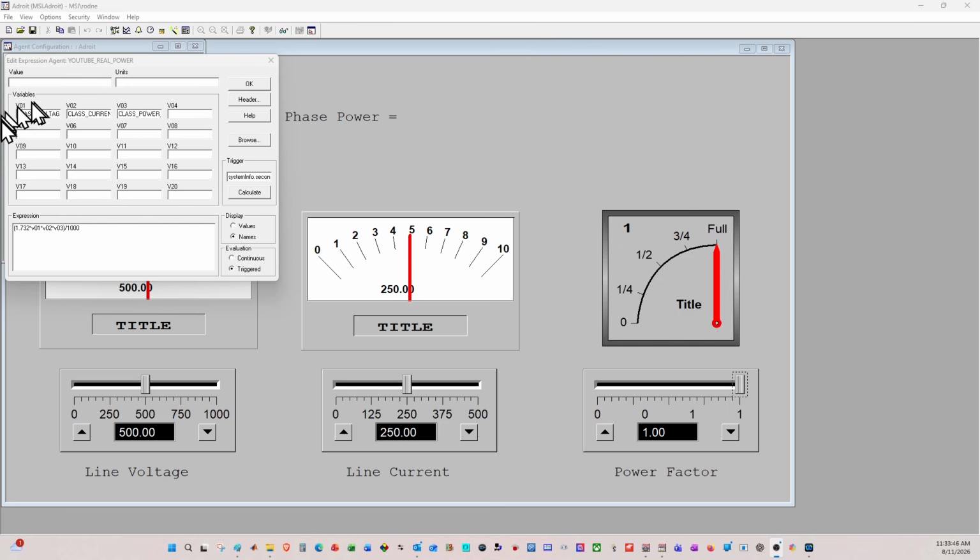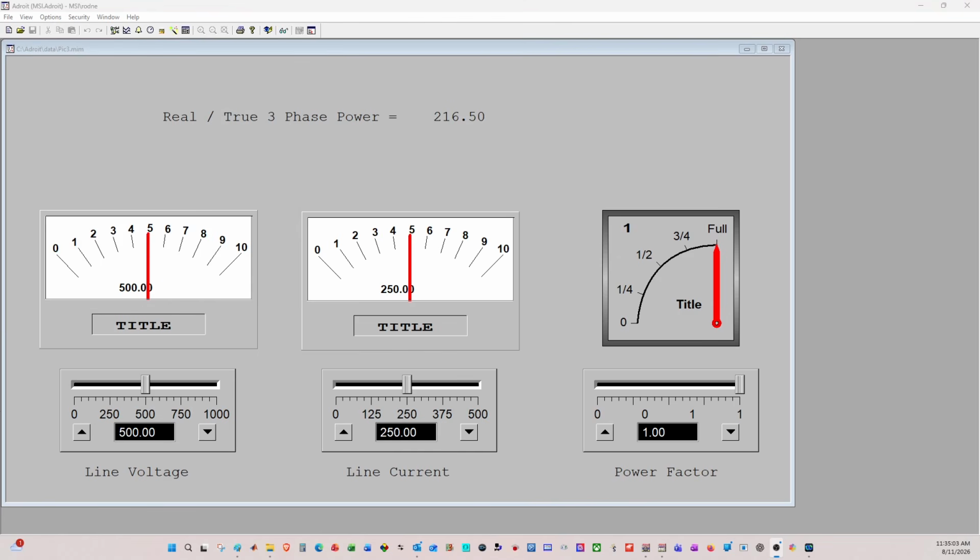If I read my voltage, read the current, read the power factor, and put that into an equation, I'm going to use 1.73 multiplied by those three values. If you're wondering where I get the 1.732 from, that is the square root of 3. I'm going to multiply that value with the voltage, the current, and the power factor. And of course, dividing it by 1,000 is going to give me a value in kilowatts.